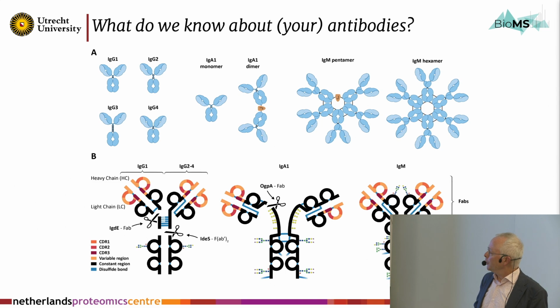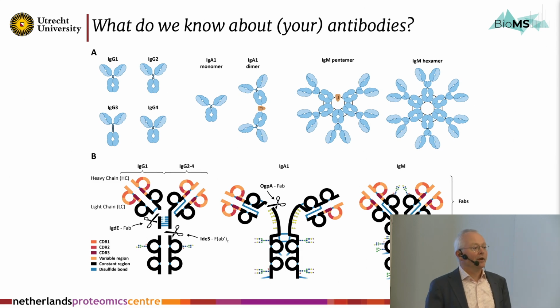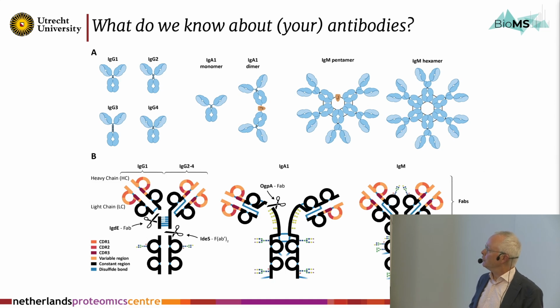Then at the top part, both in the light chain and the heavy chain, you have this orange region, which is not orange because it's Dutch, but because it contains these hypervariable regions. So there are 3 hypervariable regions in the light chain and 3 hypervariable regions in the heavy chain. Then the subclasses are slightly different from each other by the blue things, which are the disulfide bridges, the amount of disulfide bridges or the length of the hinge. And this is all contained in this IgG.